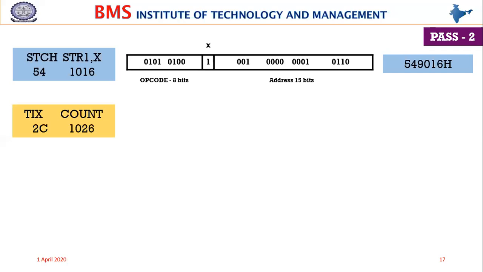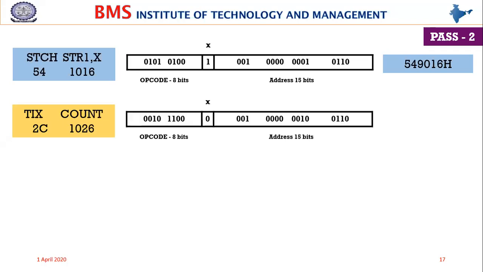Okay. Next instruction is a TIX instruction. TIX opcode is 2C, and the operand is count. Count address is 1026. Fine. Now let's see. It is direct addressing, so simple assembling will happen. 2 is 0010, and C is 1100, and the X bit is 0 because it is not index addressing mode.